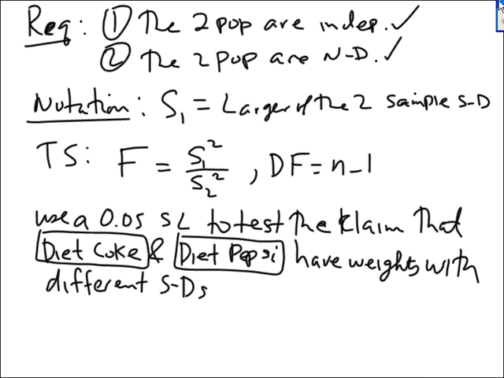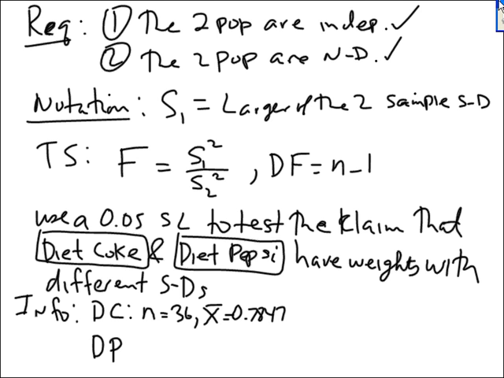Okay, and here's the information. Here are the test statistics. When it comes to Diet Coke versus Diet Pepsi, Diet Coke has a sample size of 36, and the sample mean is 0.784794, and the standard deviation is 0.004391.